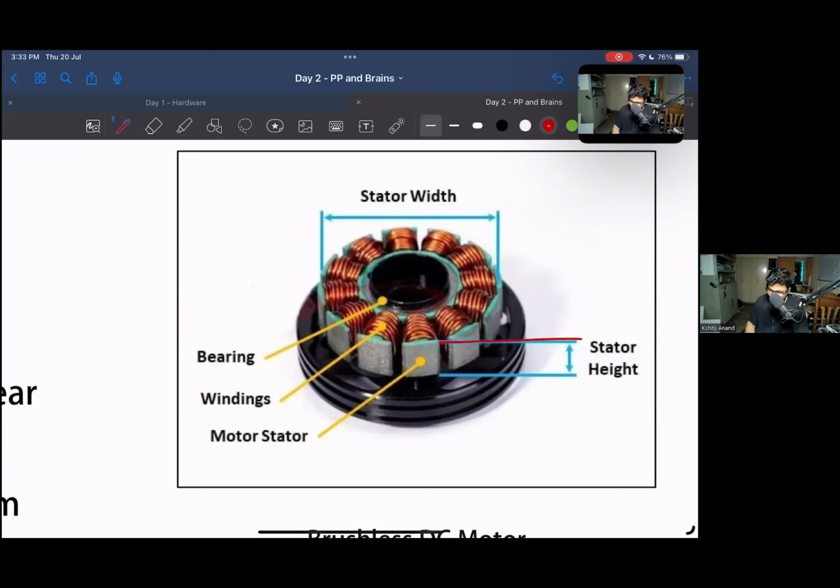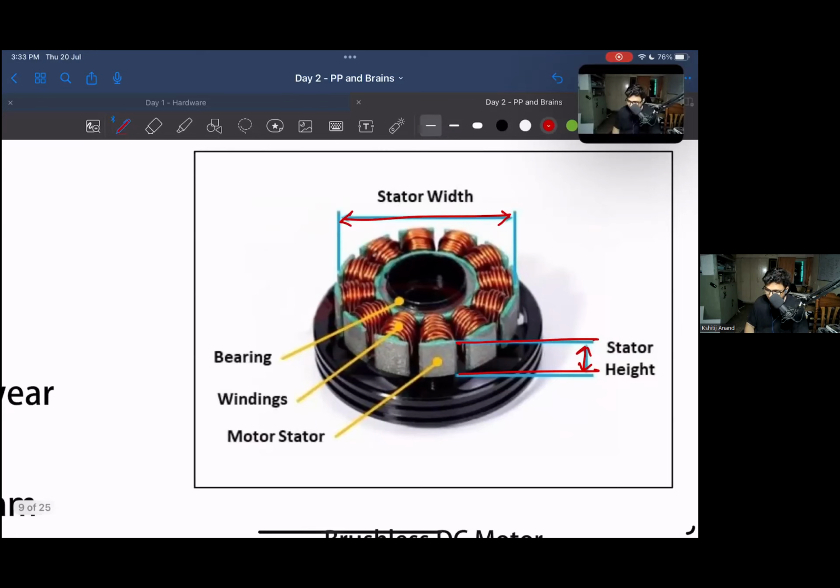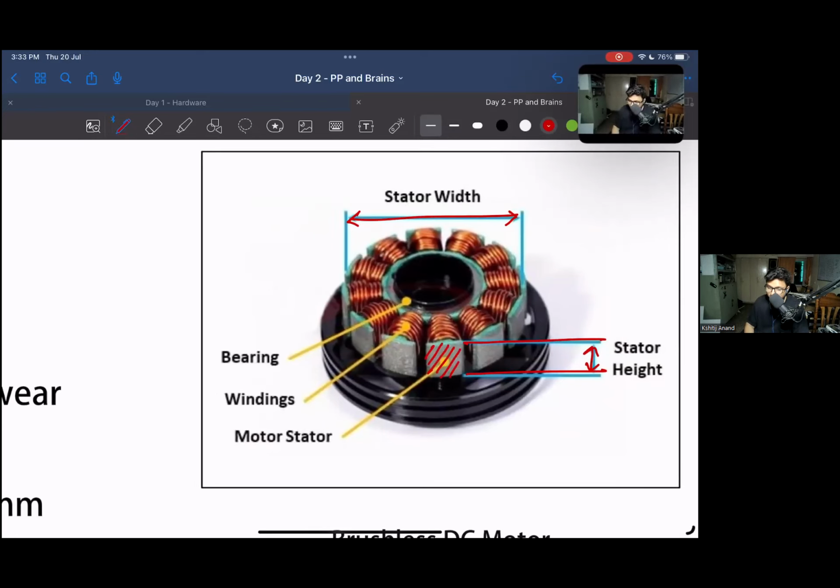And this is the stator width. So stator height is going to determine the area that is going to experience magnetic force.